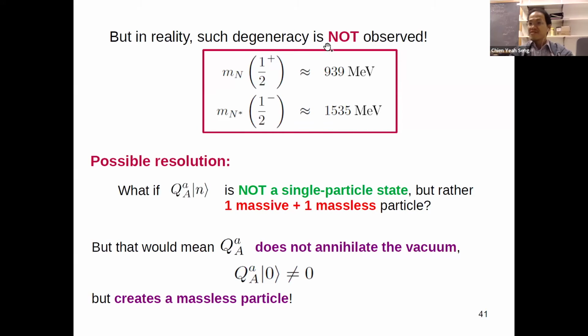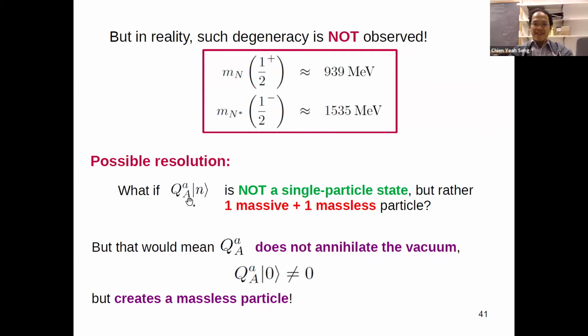It's not degenerate at all. So we seem to have not observed this parity doubling in nature. So what has happened? Of course, a possible resolution is that just now we assumed that the axial charge acting on the hadron gives you another single hadron, but that might not be true.